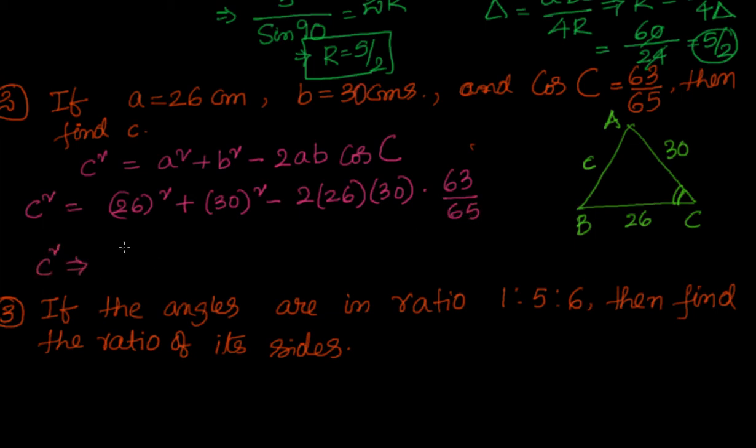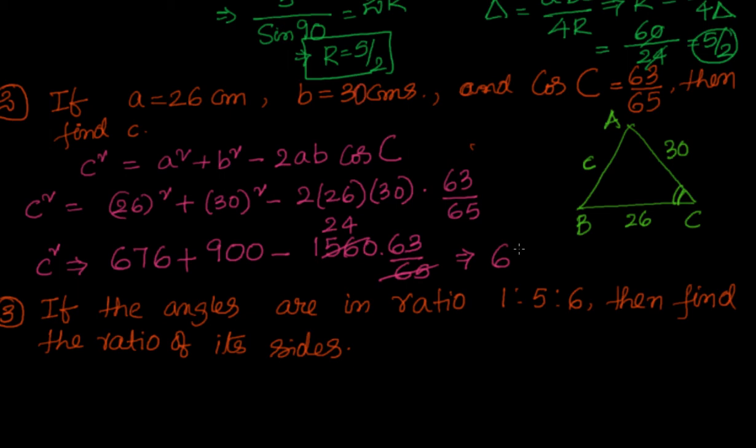C square equals 26 square is 676, 30 square is 900, minus 2 into 26 into 30 into 63 by 65. You can actually multiply this. 2 into 26 is 52, 52 into 30 is 1560, 1560 into 63 by 65. 65 will go 24 times and 24 into 63 is 1512.